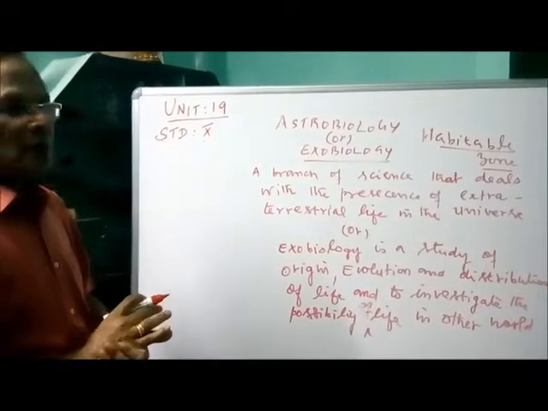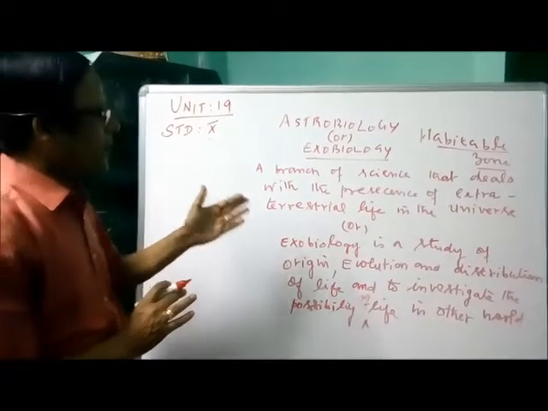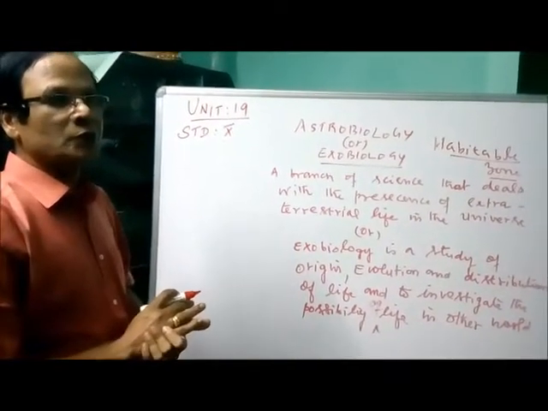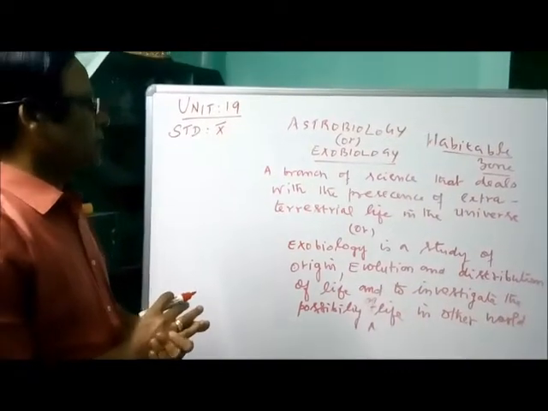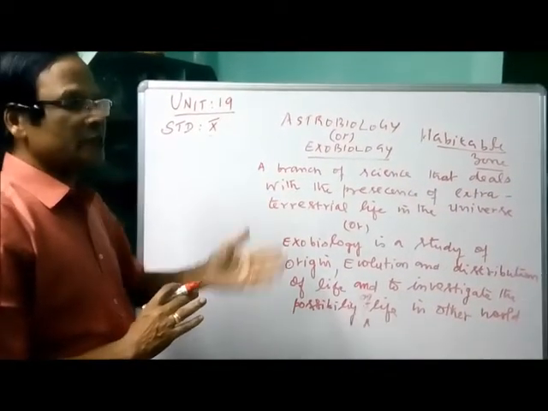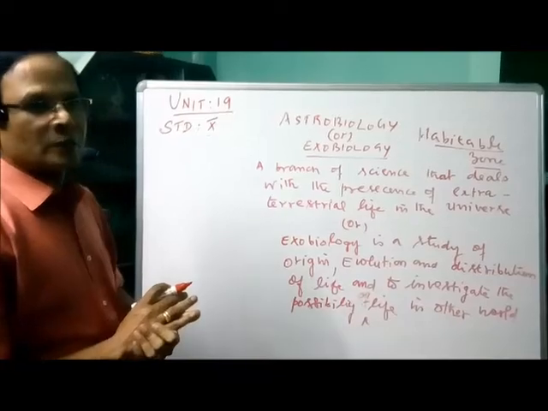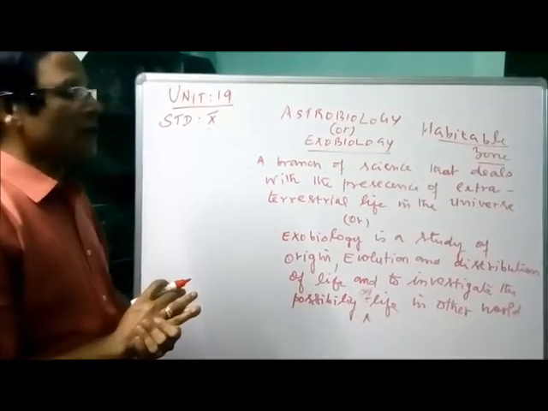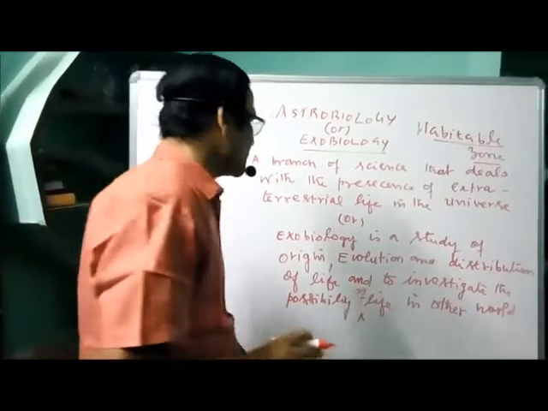A planet is considered a habitable zone, suitable for living, if it fulfills the following two criteria. What are the two criteria?